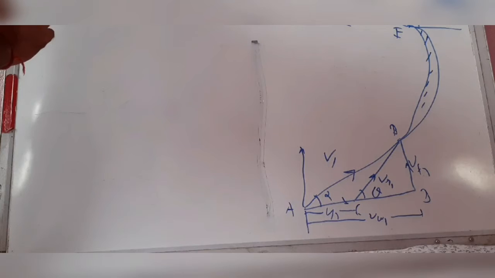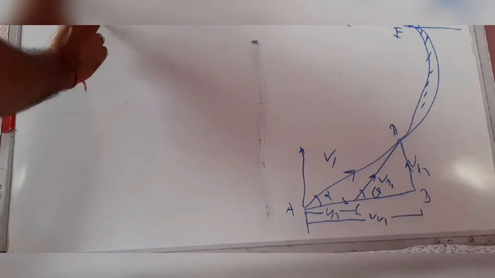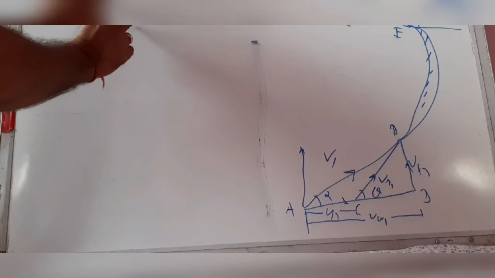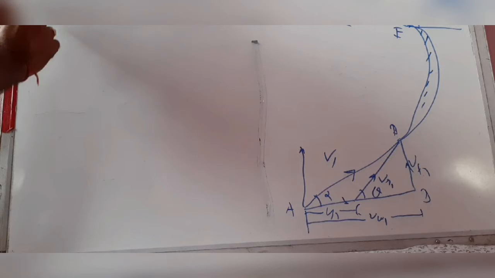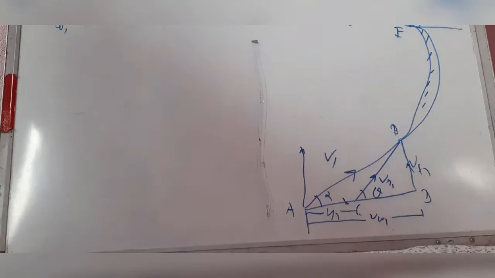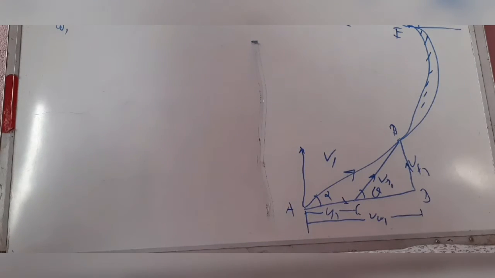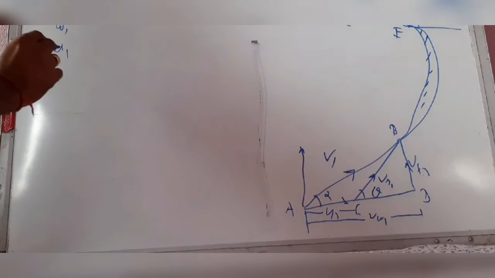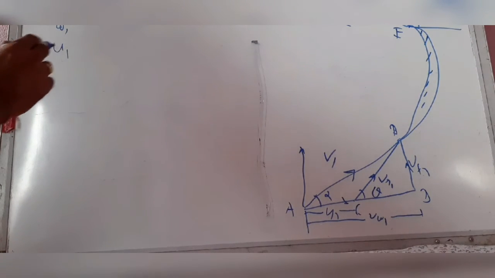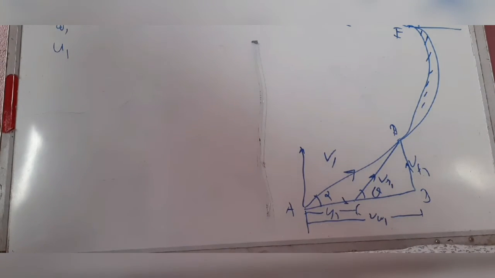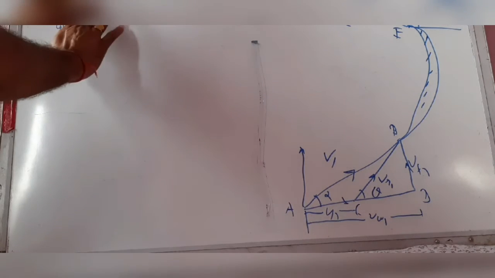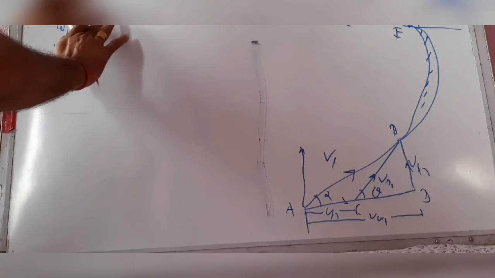So the value of VW1 comes 34.64 meter per second, and U1 is also given, 20 meter per second.